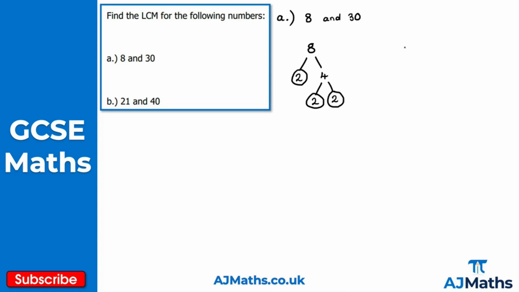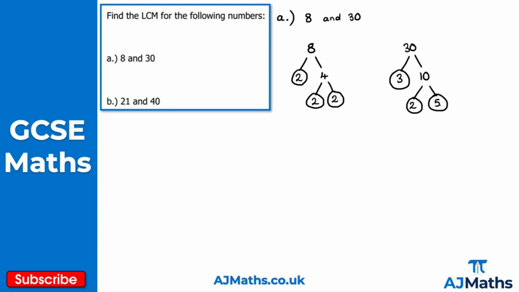Repeating this now for 30. So 2 branches here. I can write this as 3 and 10. 3 is a prime number, so we circle 3. 2 branches now from 10, because 10 is not a prime number. I'm going to get 2 and 5 here, both of which are prime, so we circle these numbers.